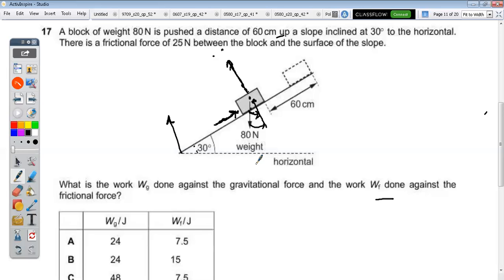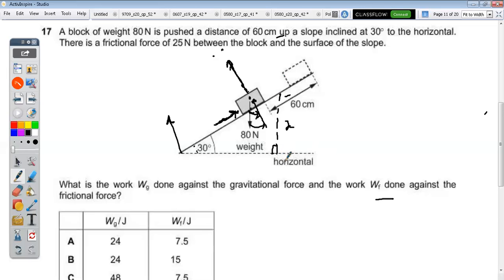Your gravity is a vertical component of the force, so it can't be 0.6. Is this distance correct, this perpendicular distance here? Are we agreeing, or am I wrong?